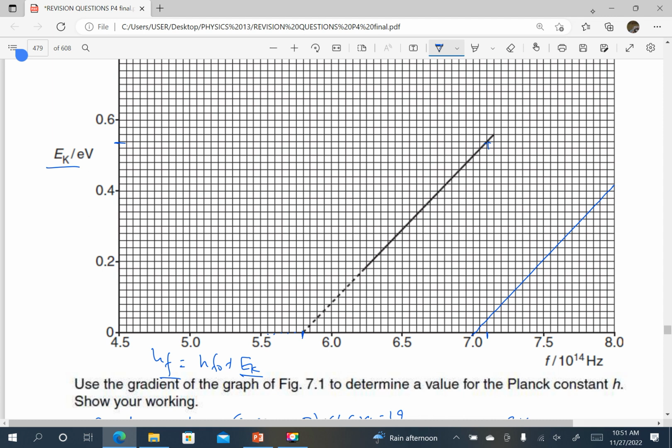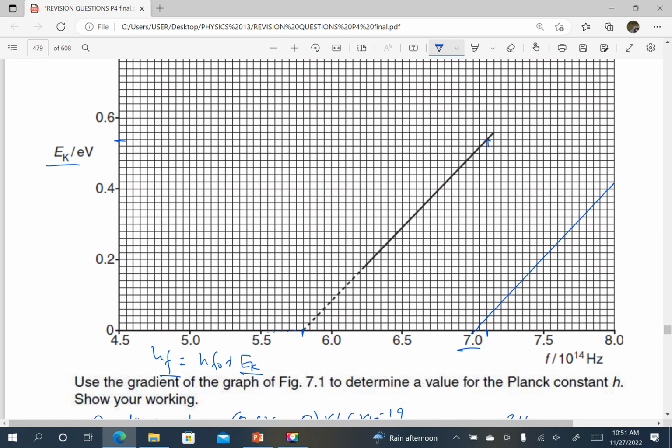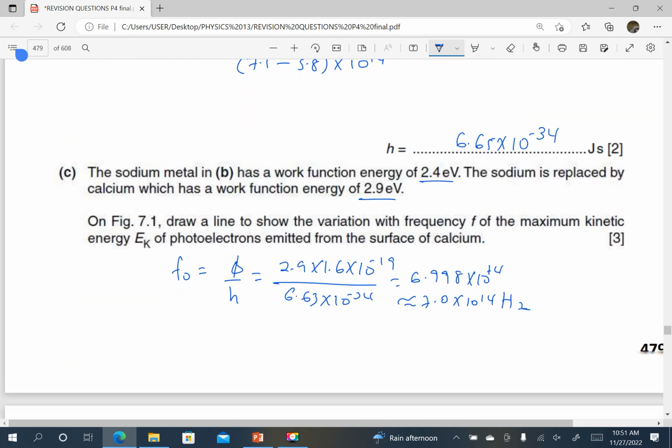I hope that is a parallel line. You try to draw a very perfect parallel line, starting from 7.0 because the new work function gives a new threshold frequency of 7.0.